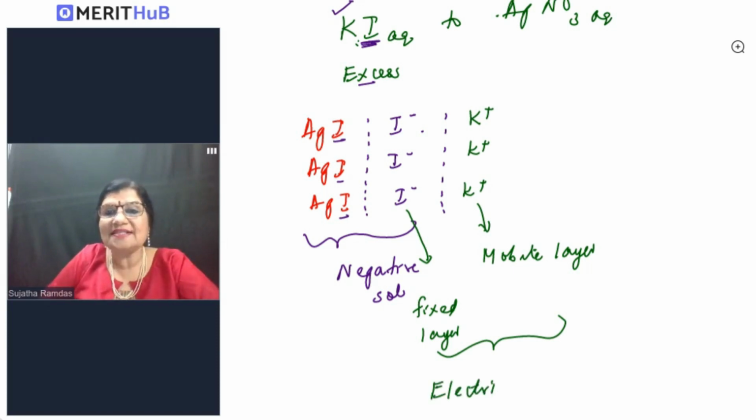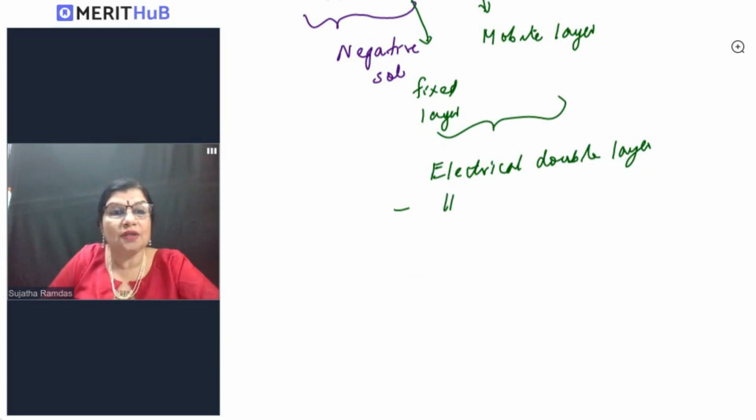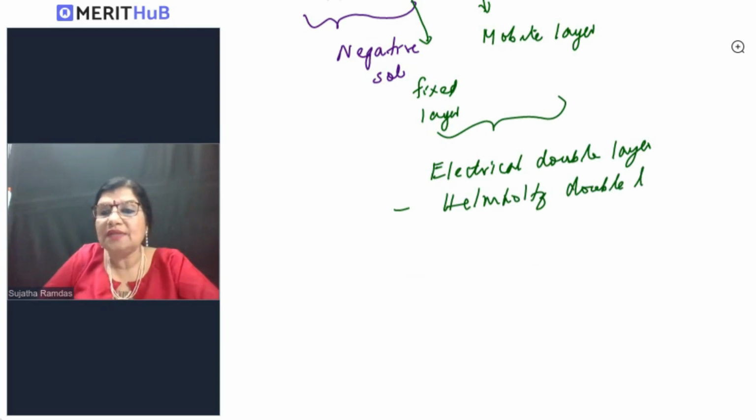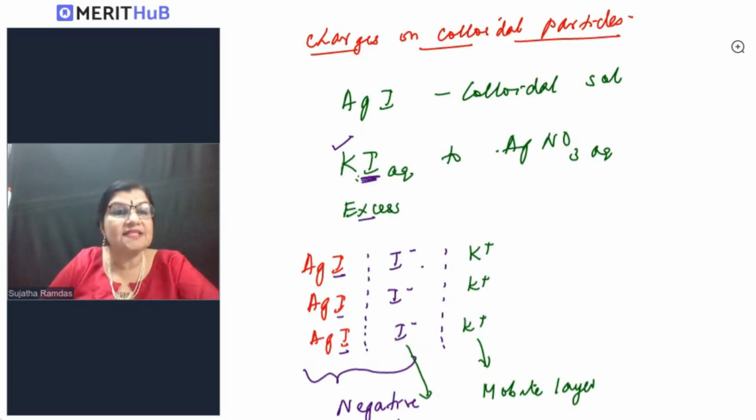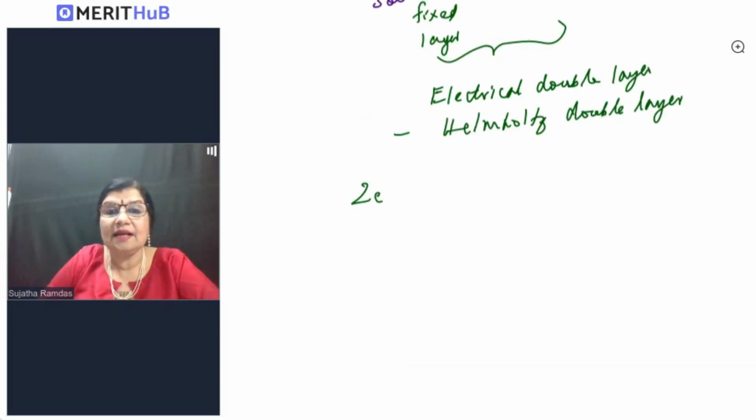We call this the electrical double layer. This electrical double layer is what is referred to as the Helmholtz double layer. This is how the Helmholtz double layer is created. Now, because of the positive and negative charges in the double layer, a potential difference is developed, and that potential difference is what we call the zeta potential.